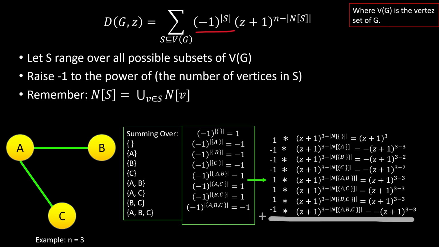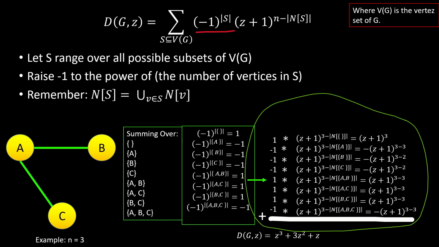We then sum these values that we just computed for each possible subset and simplify. So that's what's going on in the sum.